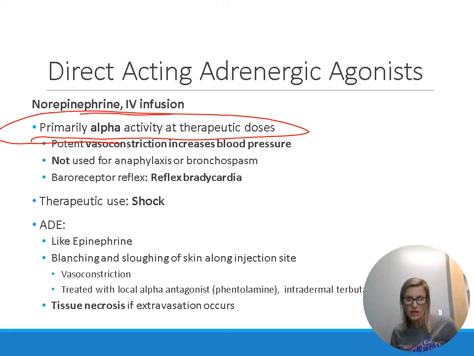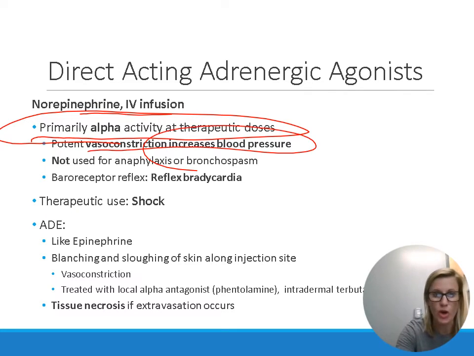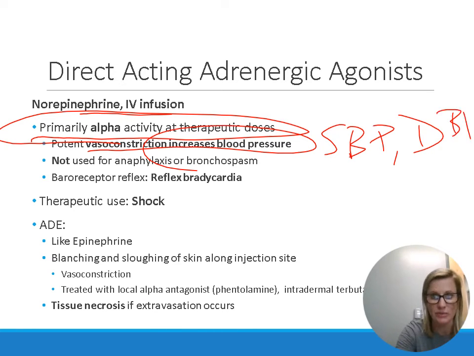Alpha stimulation causes potent vasoconstriction. So we see increases in blood pressure, both systolic and diastolic, regardless of the dose, right? So around the clock increase in blood pressure because alpha-1 receptors cause vasoconstriction.